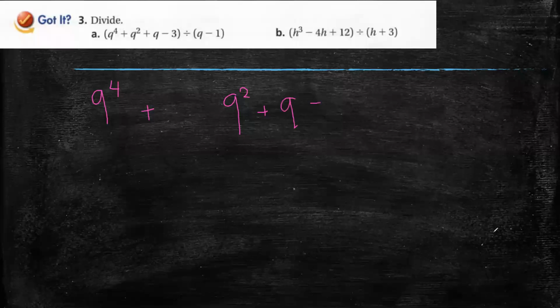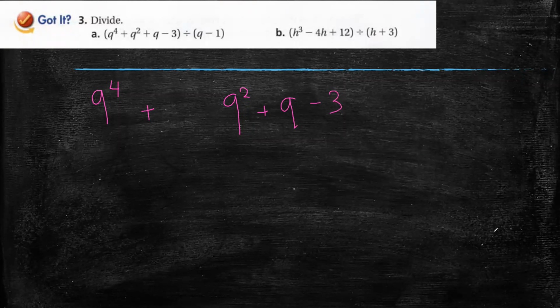Now, as you see here, we have q to the power 4 plus q squared plus q minus 3.